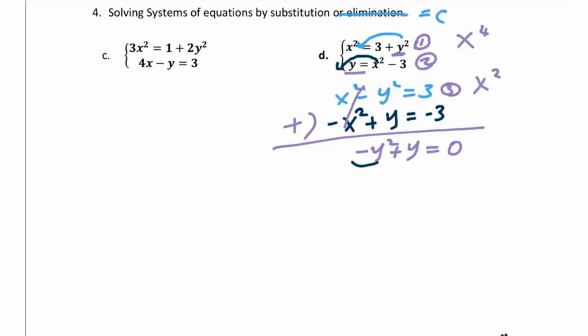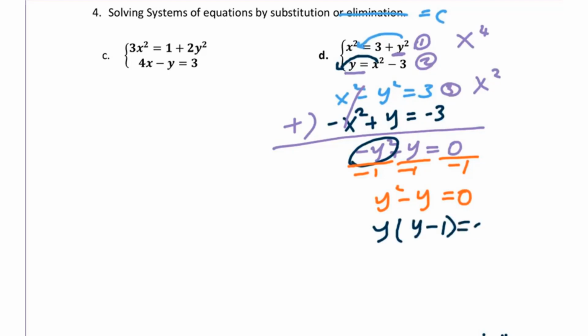I don't want the y squared to be negative, therefore we divide by negative 1. You will get y squared minus y equal to 0. Common factor is y, y minus 1 equal to 0. Therefore, y1 equal to 0, y2 equals 1.